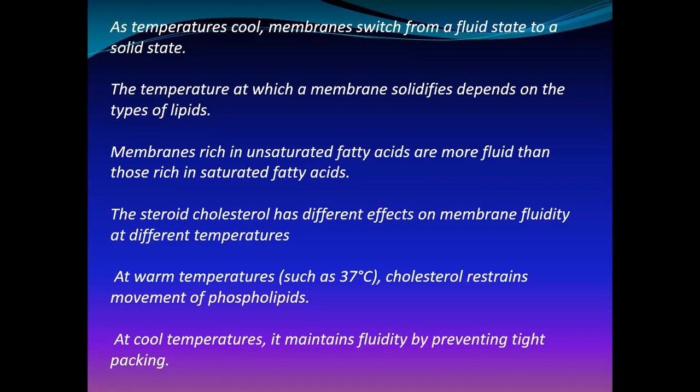At the same time, the steroid cholesterol has different effects on membrane fluidity at different temperatures. At warm temperatures, cholesterol restrains the movement of the phospholipids. At cool temperatures, it maintains fluidity by preventing tight packing. So cholesterol has two roles in maintaining membrane fluidity.